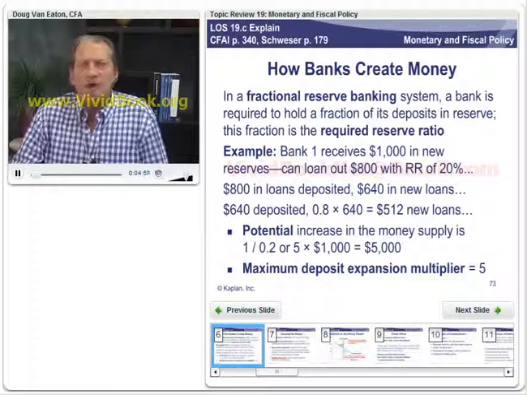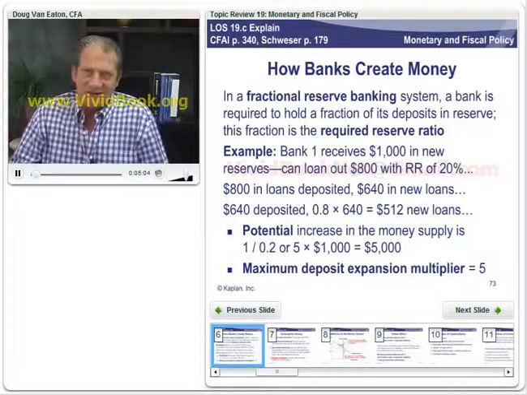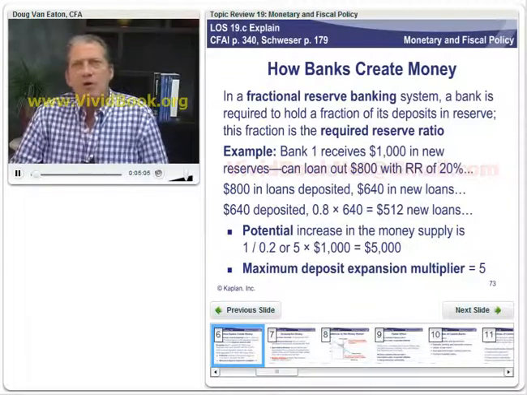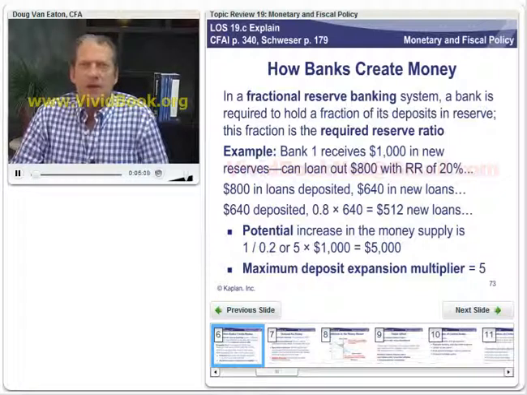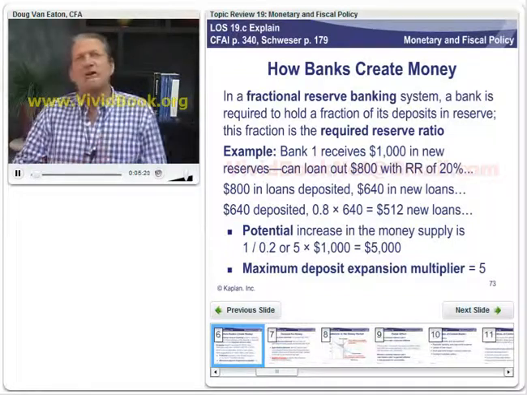That's probably about 20%. It's different for different accounts. It's different over time, and it's different across countries, but this example will serve us pretty well. So $1,000 in new reserves come into the bank. The bank can loan out 800 of that when the reserve ratio is 20%. So 1,000 comes in, they lend 800 out.